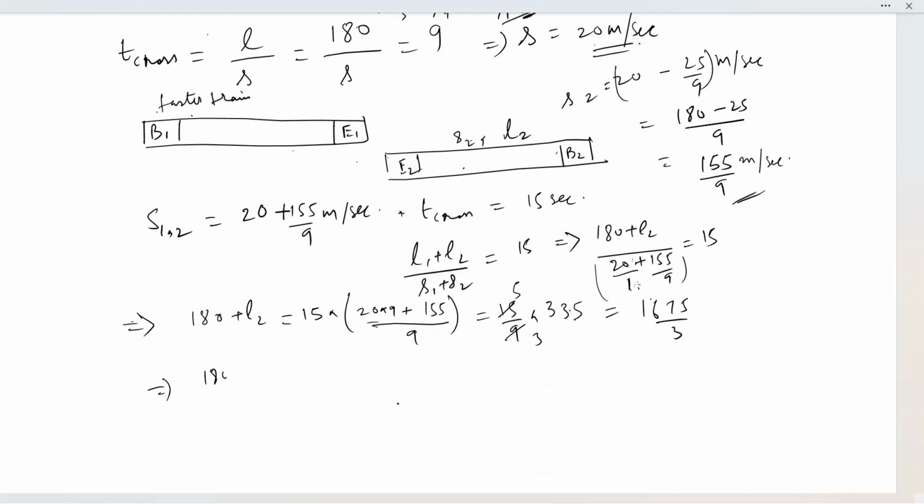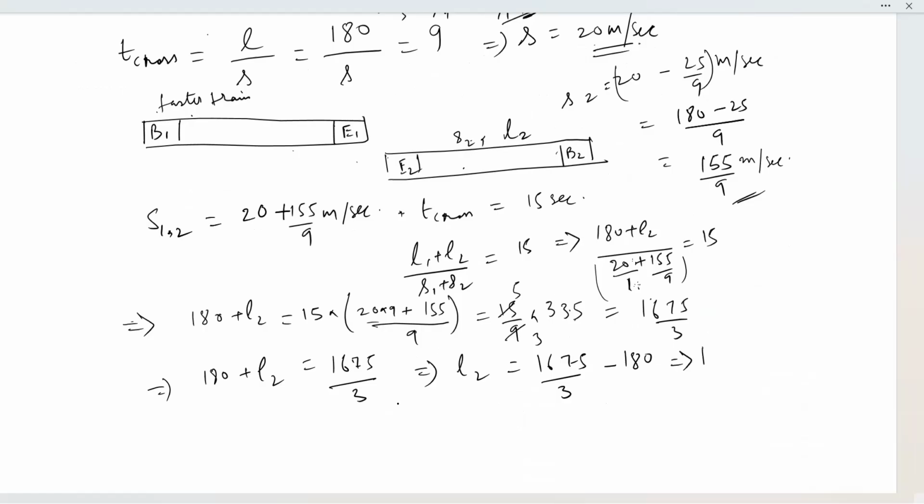And we have 180 plus L2 is equal to 1675 by 3. So L2 comes out to be 1675 by 3 minus 180.